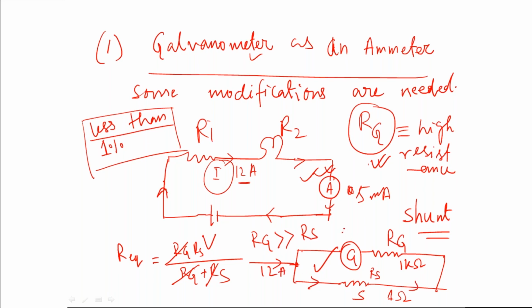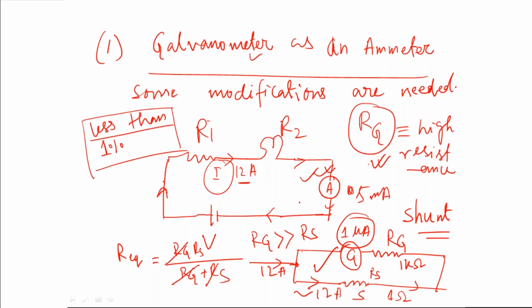Almost the whole current will pass through the shunt. So if you use this combination in this circuit as an ammeter, no current is getting restricted by this ammeter.